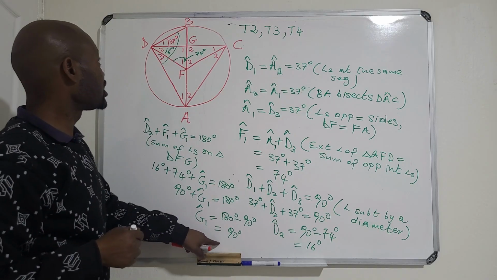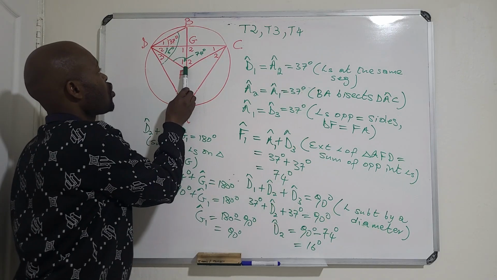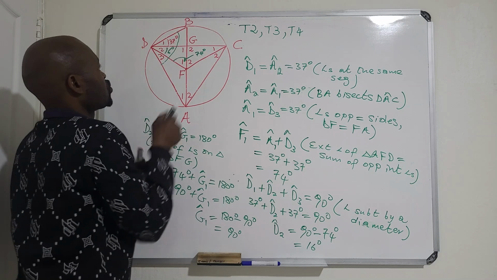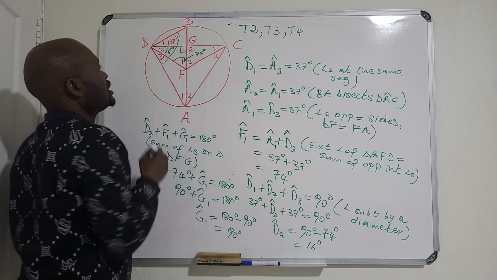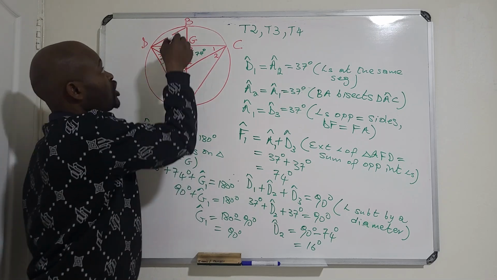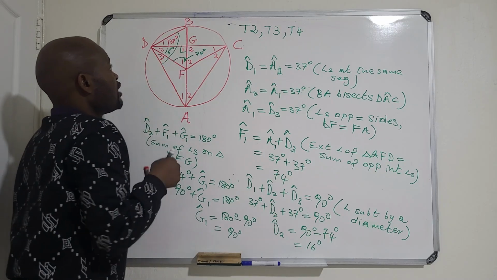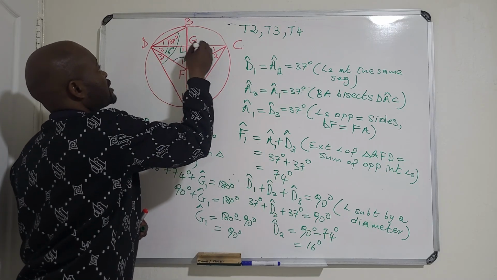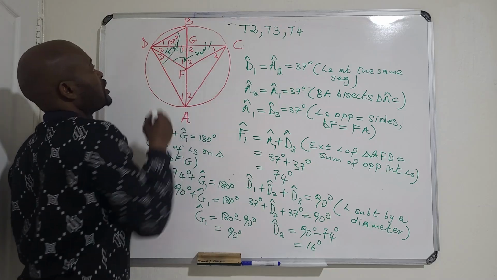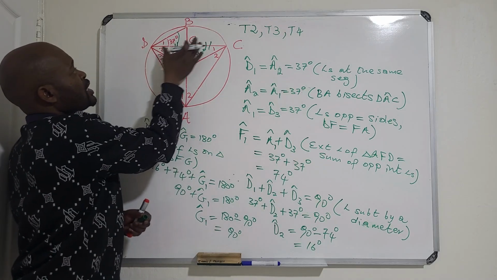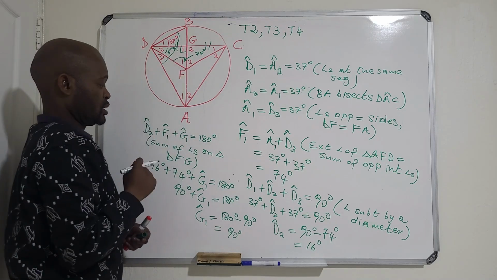Now we know that this is 90 degrees. Since it is 90 degrees, it means that a line is drawn perpendicular to the chord. Since a line is drawn perpendicular to the chord, therefore it means that it bisects the chord. Therefore it means that this is equals to that.